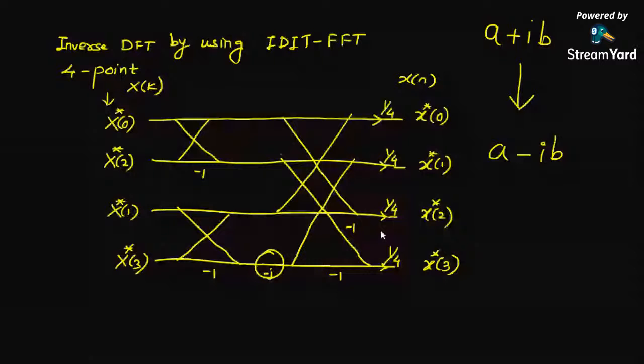Output will be time domain representation. Output is in order, input out of order. While taking the input, you have to take the complex conjugate of the numbers. Similarly, the output you will get is a complex conjugate. Then you have to multiply finally by 1 by 4. So that is nothing but the DIT-FFT flow graph, and by using this flow graph, you can calculate the inverse of DFT.